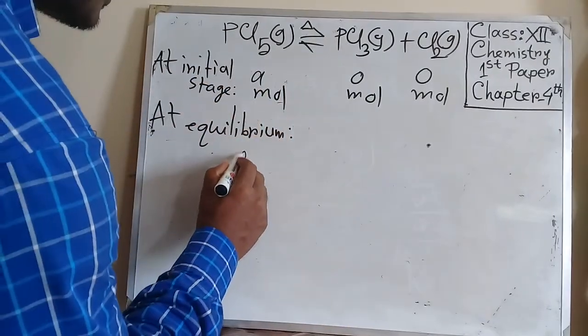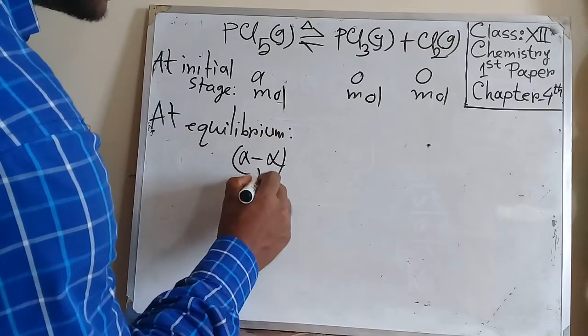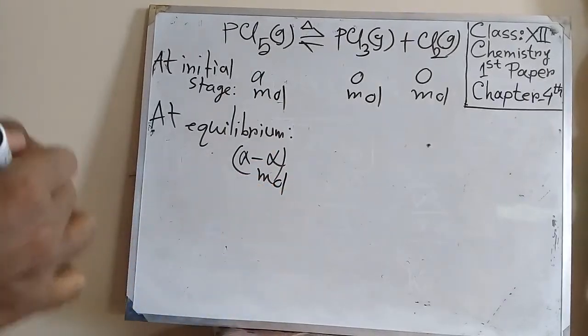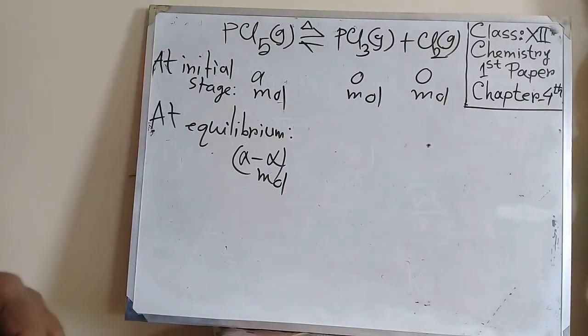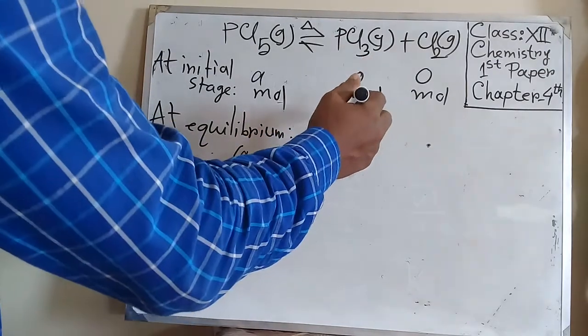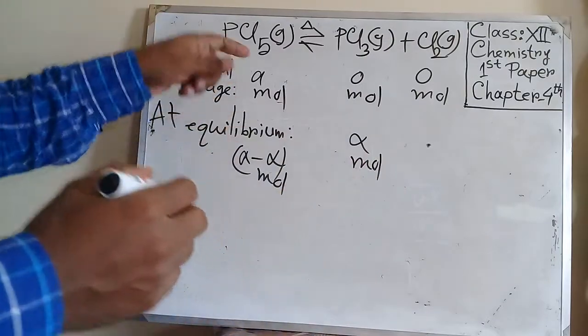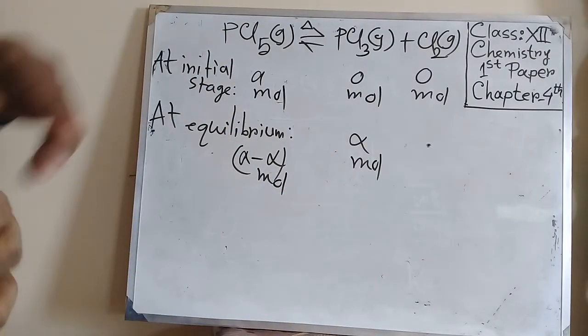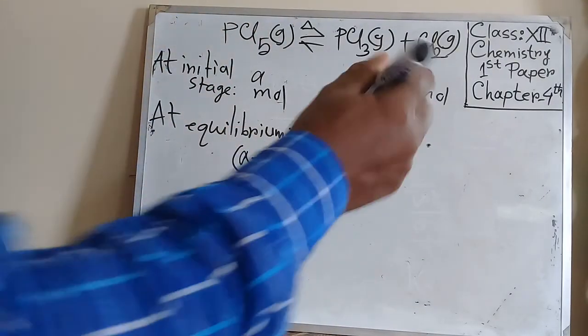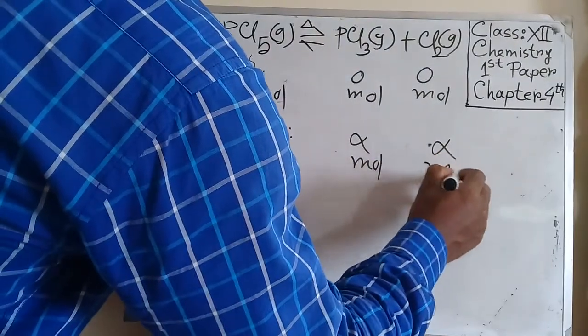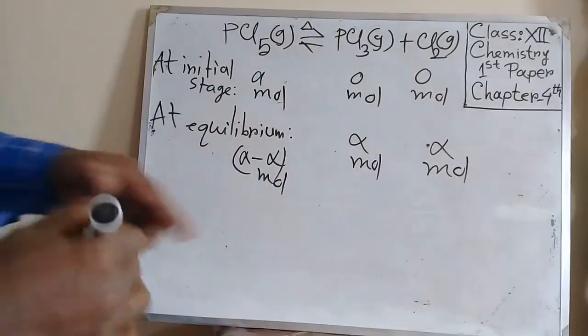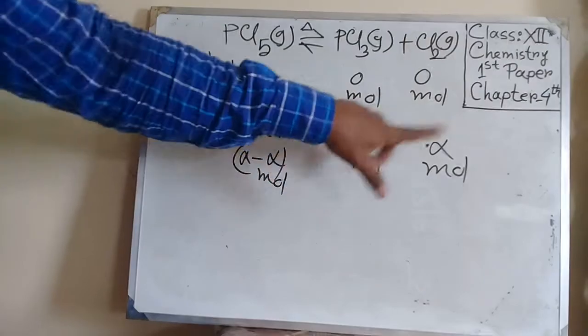This will be a minus alpha mole, because alpha mole have been converted to phosphorus trichloride and chlorine. And for the products, both will be alpha and alpha.